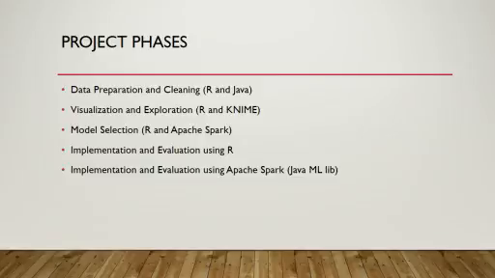Finally, I did the implementation and evaluation using R, and I did a similar thing using different machine learning algorithms in Apache Spark using Apache's Java machine learning libraries. I'll talk about all this in this video next.